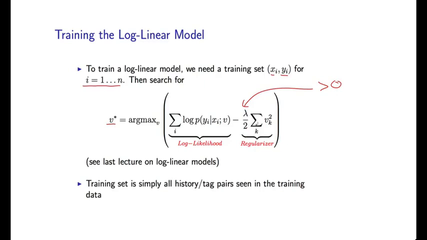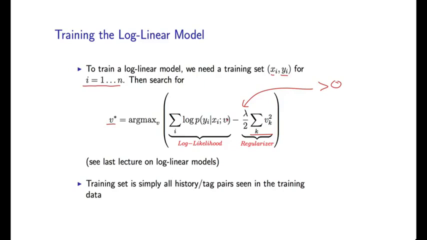And what I have here is basically the length squared of my parameter vector v, or more directly, as written here, the sum of squared parameter values. So this regularizer is going to keep parameter values small, whereas this term is going to encourage the parameter values to fit the training examples well.